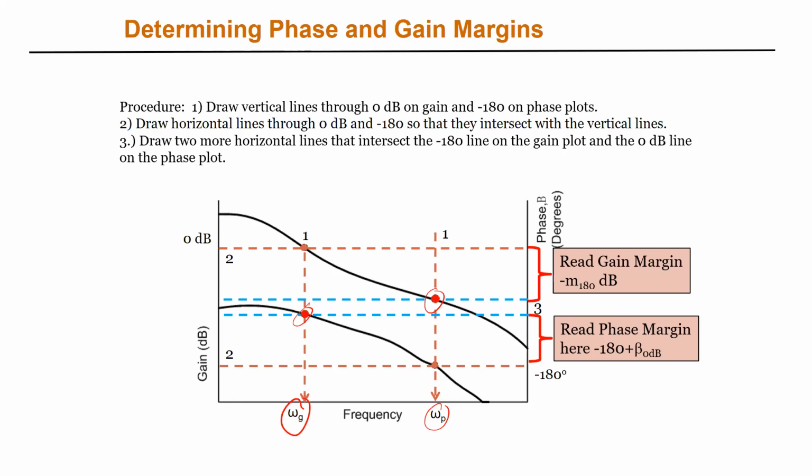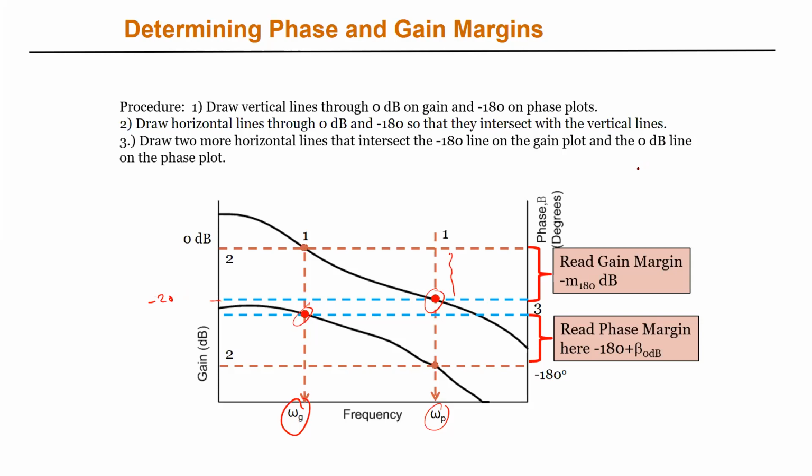What you are saying is absolutely correct. I need my gain margin in this area. Why this area? Because suppose here the magnitude is going to be negative, say minus 20.